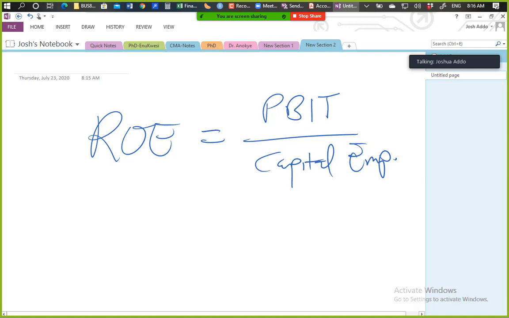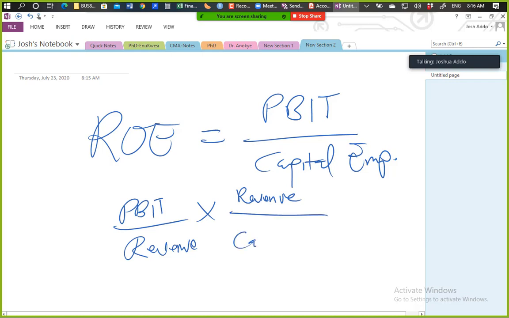We are saying that, yes, this formula is correct, but ROCE can also be calculated using this formula: profit before interest and tax divided by revenue, times revenue divided by capital employed.